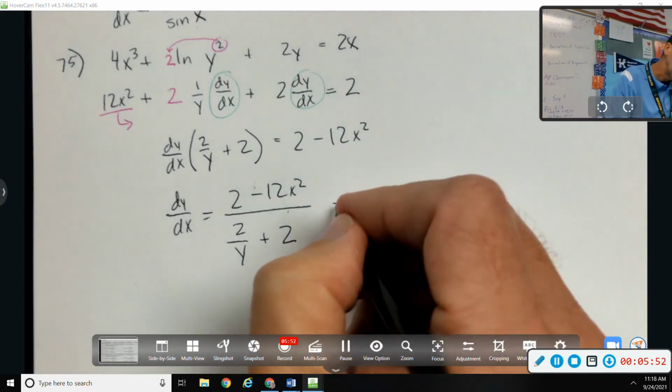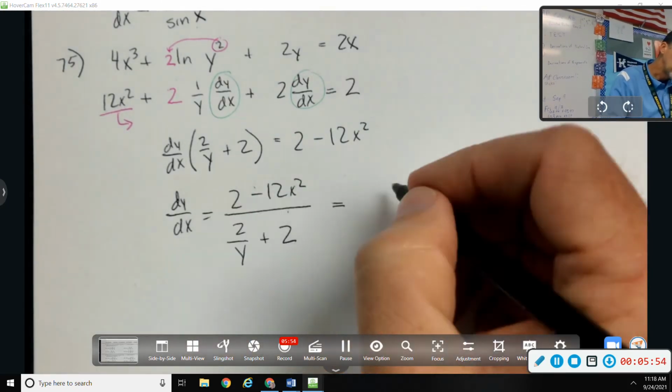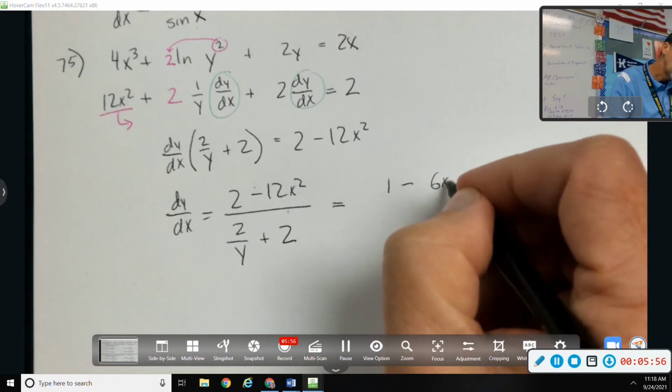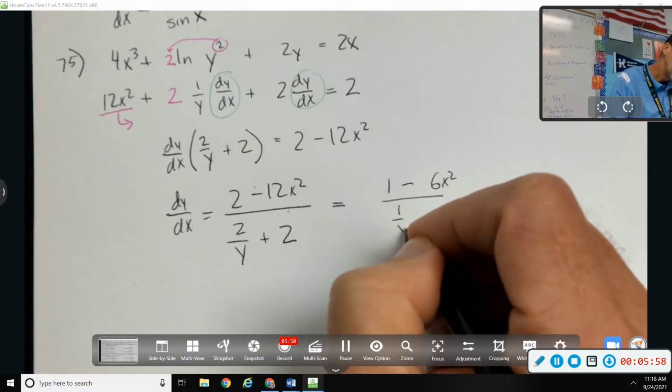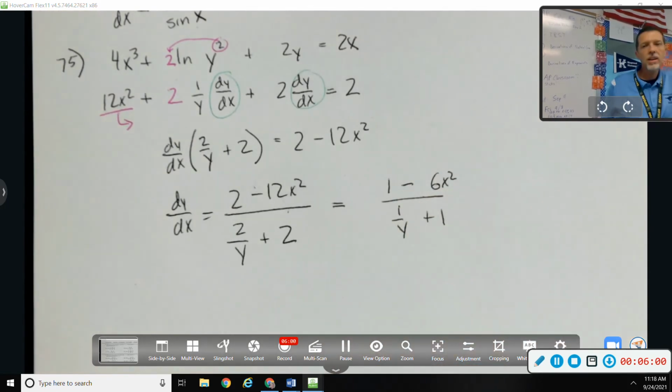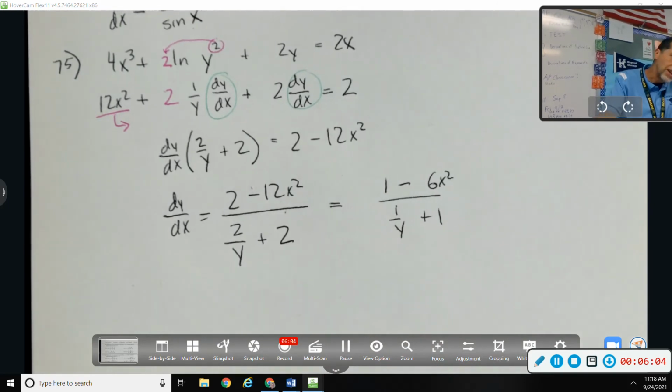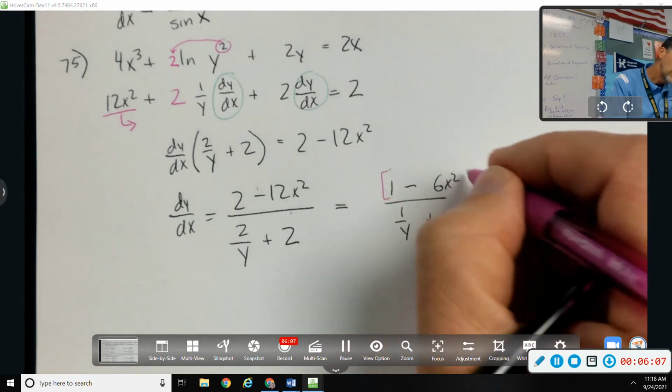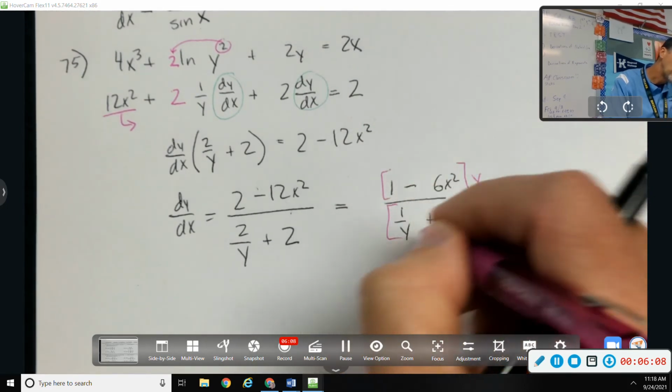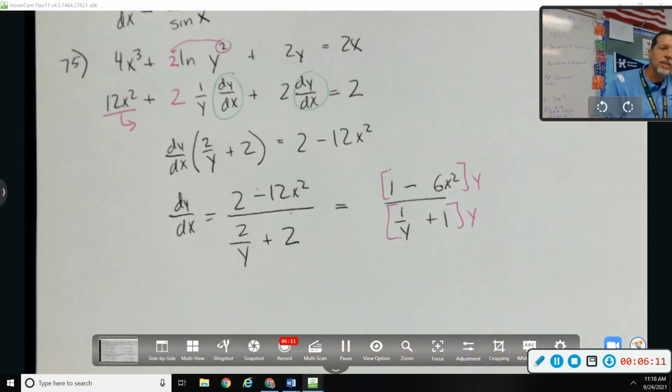If we really wanted to clean it up, all the 2's could go away, so 1 minus 6x squared over 1 over y plus 1. And if we really wanted to clean it up, we'd multiply top and bottom by y to get rid of that fraction and a fraction. This is all just algebra now, cleanup work.